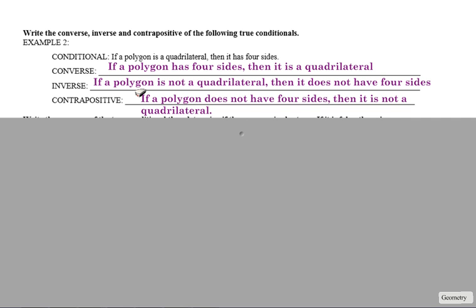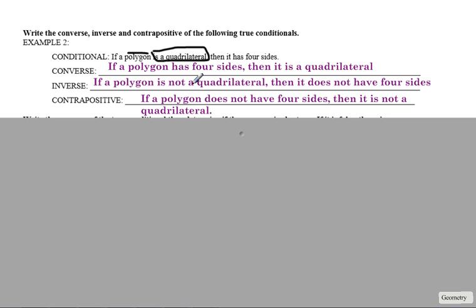It's not proper English to say if it has 4 sides or does not have 4 sides. We always start with introducing our subject. If a polygon does not have 4 sides. Remember, the polygon is not P. The fact that something is a quadrilateral, that is our P.